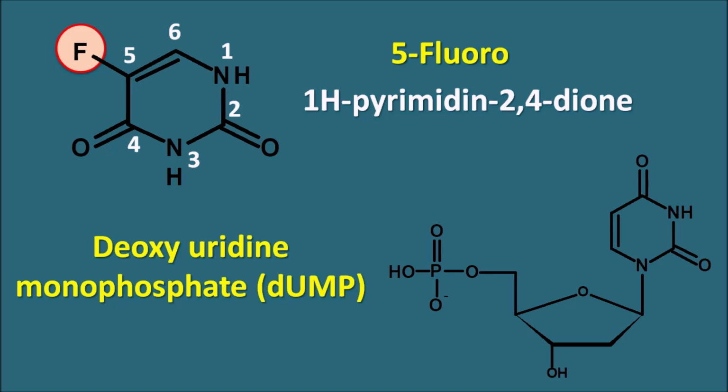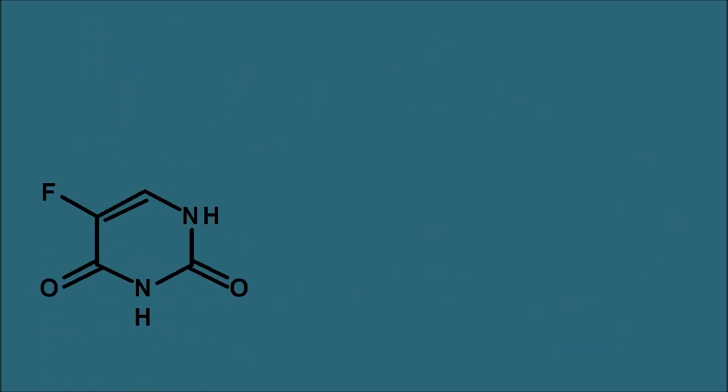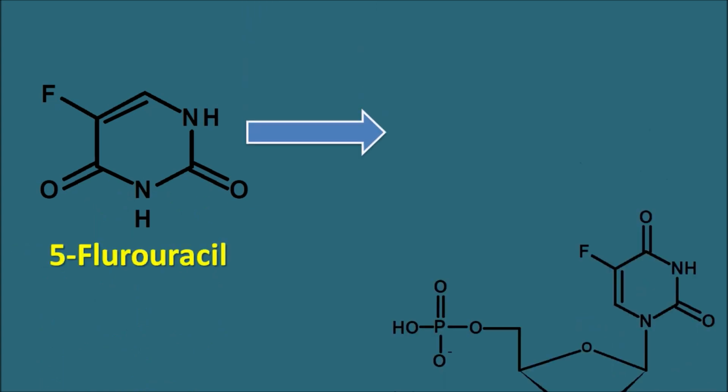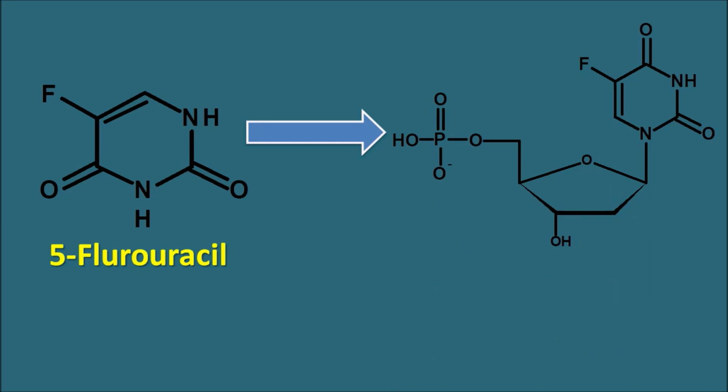So they are going to compete for one of the enzymes on which 5-fluorouracil can act and inhibit the enzymatic activity. This 5-fluorouracil needs some bioactivation, so it can be converted into a product which is similar to the dUMP. Here we can see that it has complete similarity with deoxyuridine monophosphate with an extra fluorine group.